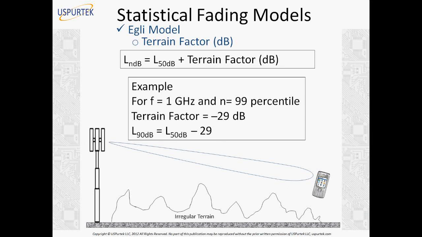So using the terrain factor table, we could do some calculation here. If the frequency is 1 gigahertz and we want to calculate the 99th percentile, okay, then we just subtract 29. Now, where does this 29 come from? Actually, it should not be L90 dB, it should be L99 dB.